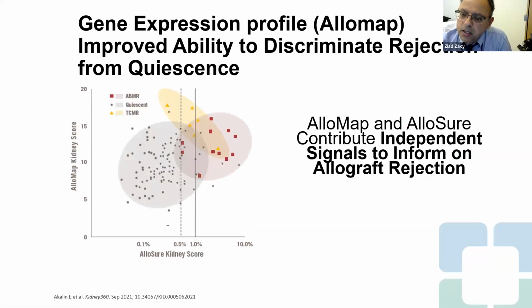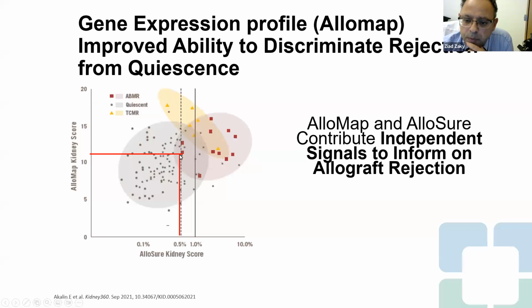So basically, if you can combine both tests, the donor-derived cell-free DNA and the gene expression profile, you may enhance the performance of the tests. And here you can pick up some of those cases of rejection where the donor-derived cell-free DNA is less than 1%.